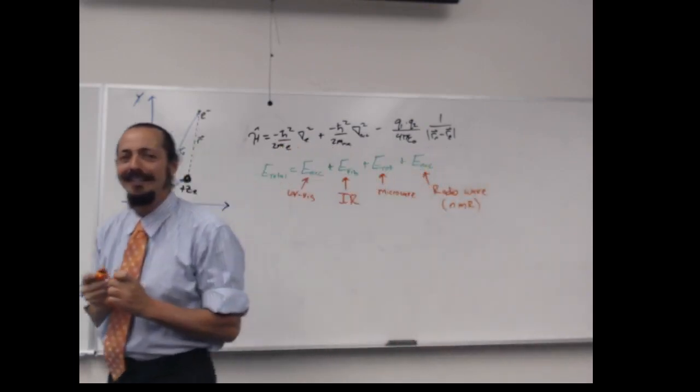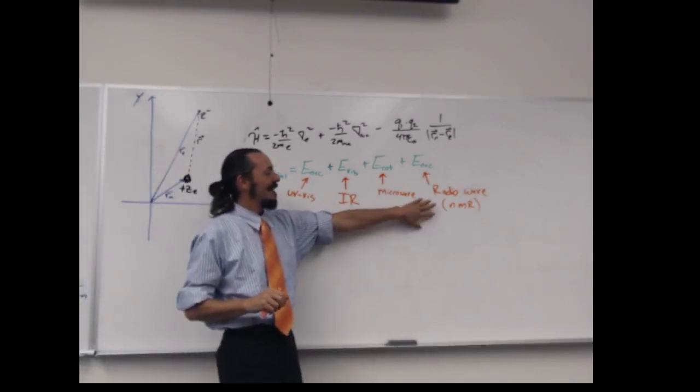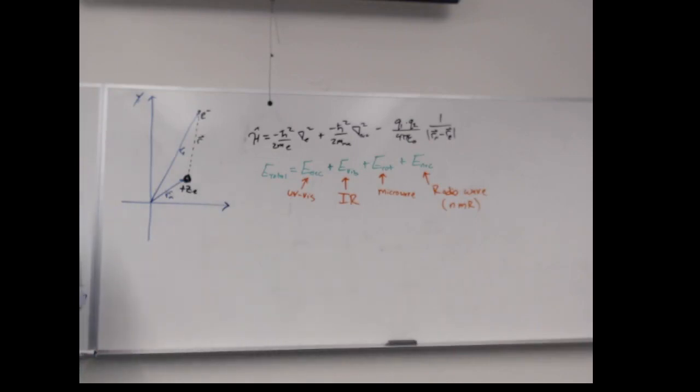I'm not perfect. NMR being on the radio wave scale is problematic if you're, say, in Riverside, where I did my undergrad. I did undergraduate research in NMR, and it turns out there's a really popular radio station with a really powerful broadcaster right next to the frequency for hydrogen.